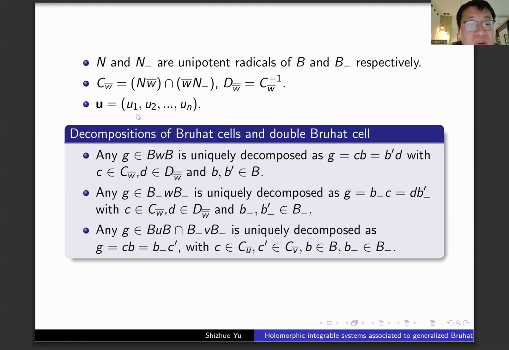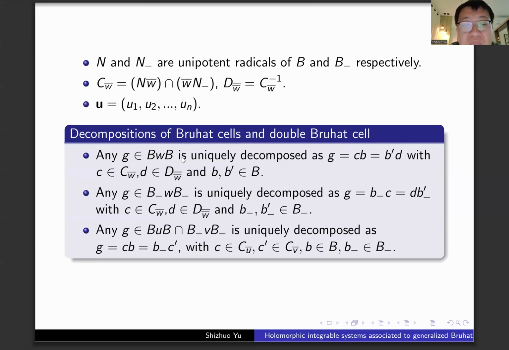Actually, each element in BwB can be uniquely decomposed in this way, where the C is in the submanifold C^w, which is actually isomorphic to the Bruhat cell BwB over B.